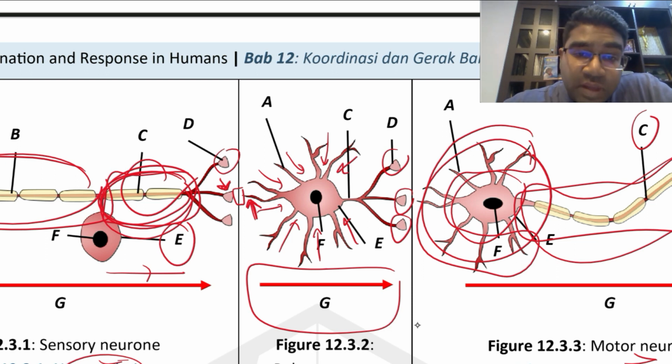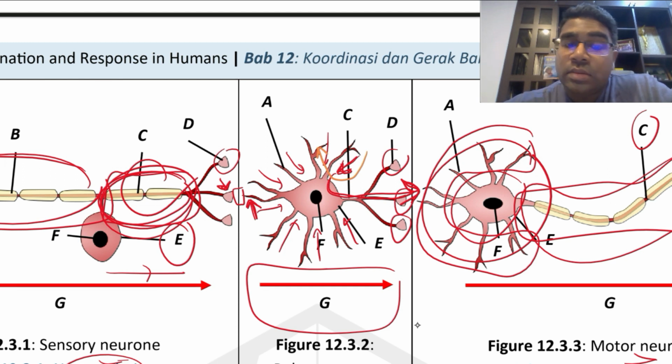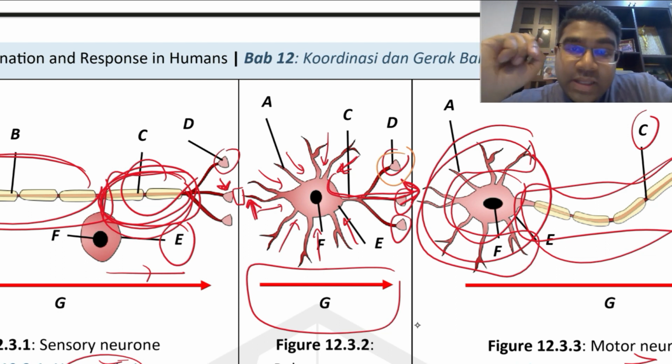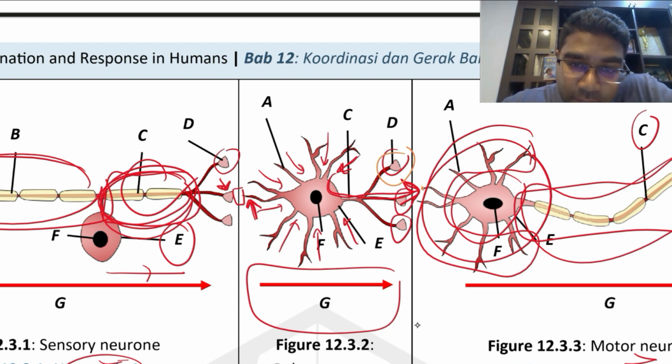So semua impuls yang datang sini, kita nak dia terus bergerak ke sini. We want it to continue moving in this direction. We don't want it to go backwards. Kita tak nak isyarat yang sampai di sini pergi ke sini pula. Okay, because that's not the correct way. Okay, so ini memastikan sebab dia punya reseptor hanya ada pada dendrite. The receptor is only present at the dendrite.